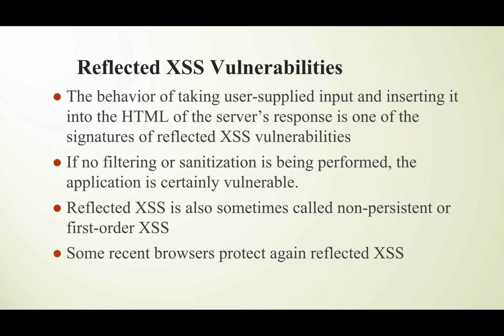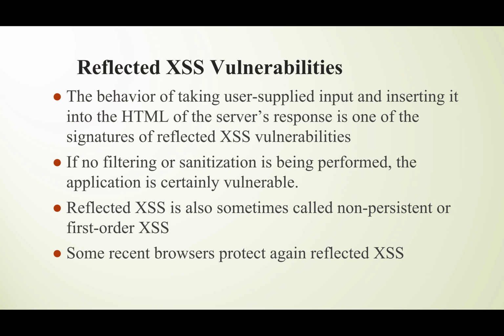So, okay, let's talk about the different types. There's reflected, and reflected is also known as non-persistent. Basically, it takes something into the HTML and reflects it back. We saw several examples of reflected HTML. It goes in, it goes out to the website, comes back, and displays that information.